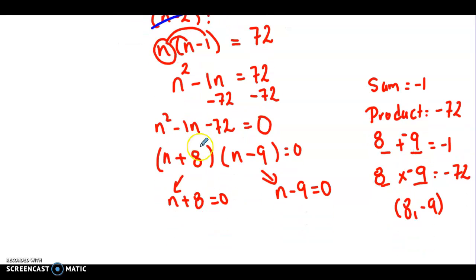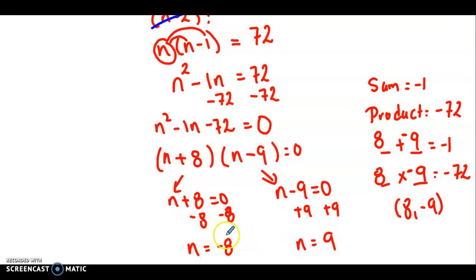Solving for N in each case, subtract 8. We end up with N equals negative 8. And for this one, we add 9 to both sides. N is equal to 9.